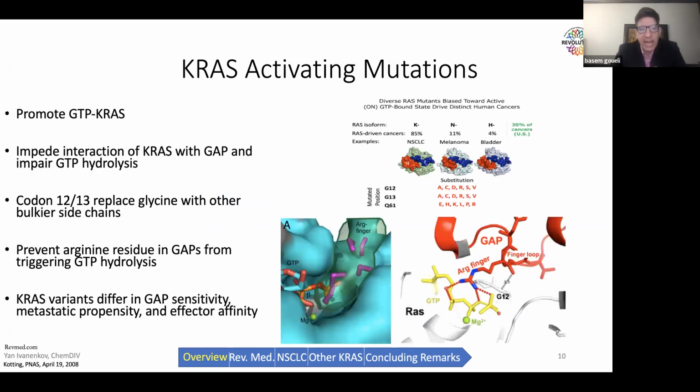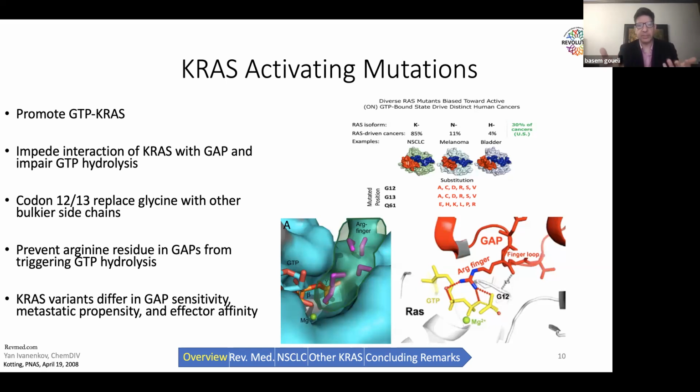When we talk about KRAS activating mutations, the key here is to recognize that they really promote the KRAS GTP state. Everything about KRAS goes back to the fact it is a G protein, active in the GTP form, inactive in the GDP form. So a lot of these mutations will inhibit the intrinsic GTPase activity of KRAS.